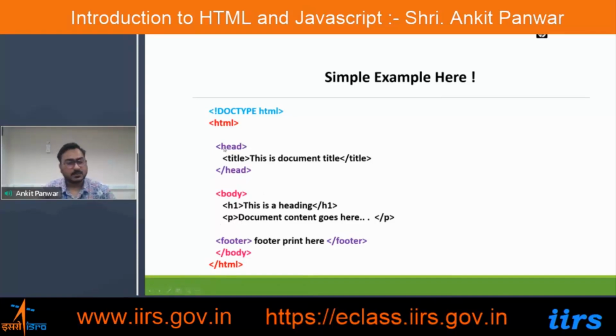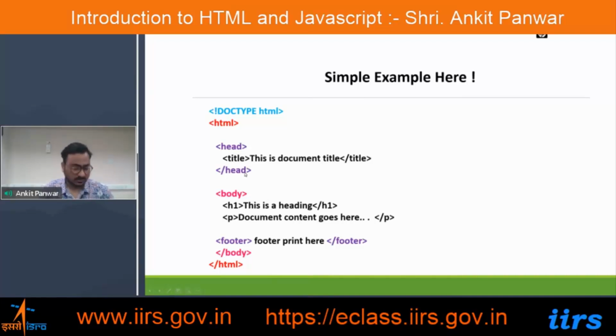The next tag is the head tag, and inside it is the title, which defines the title of the document. Then the body of your whole web page will be placed here. Inside this, all tags and list formatting will be done in the body part. Only the body part will show in the web browser.